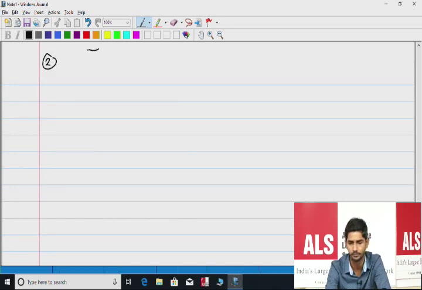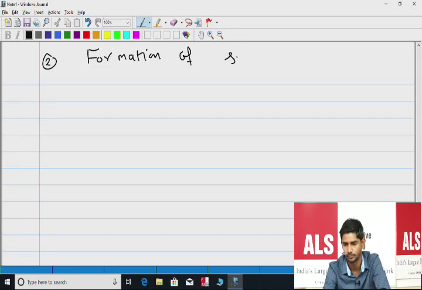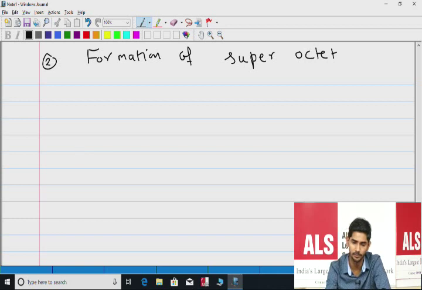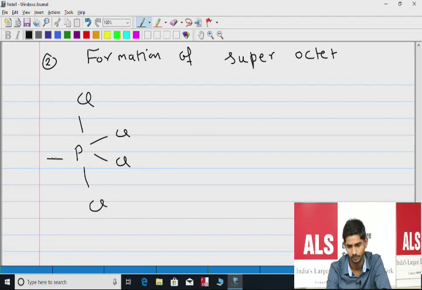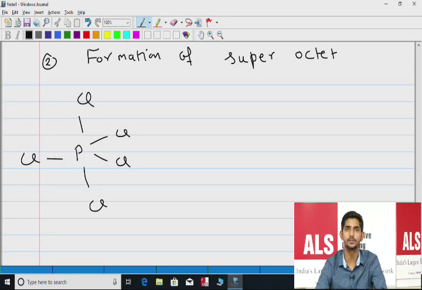Number 2, formation of superoctet. Guys, check out this example, PCl5. Just check out phosphorus and tell me how many electrons will phosphorus have in its valence shell.